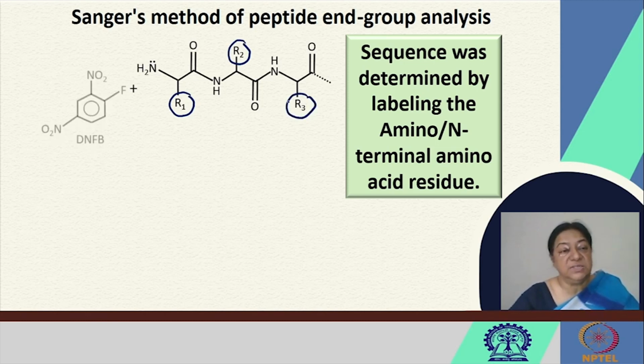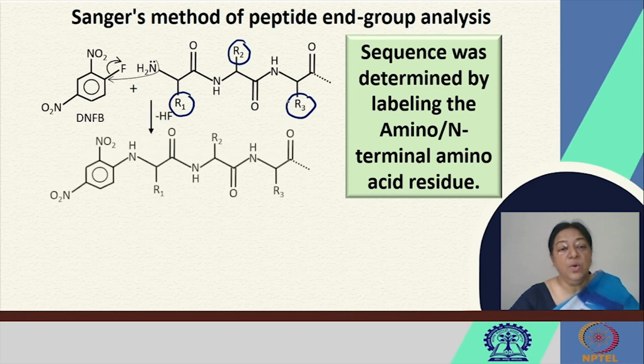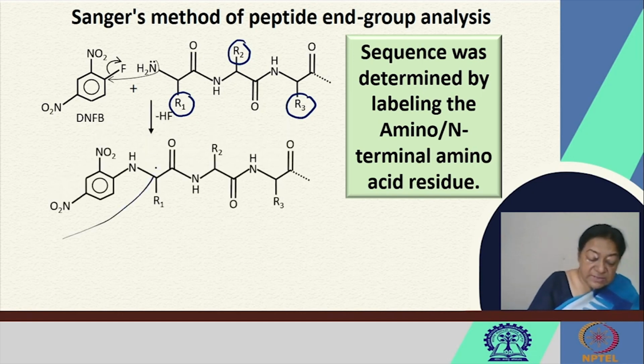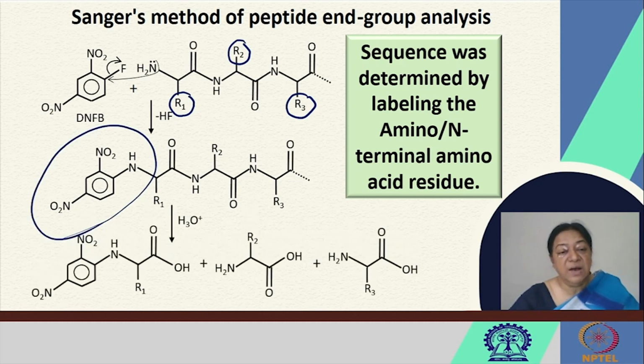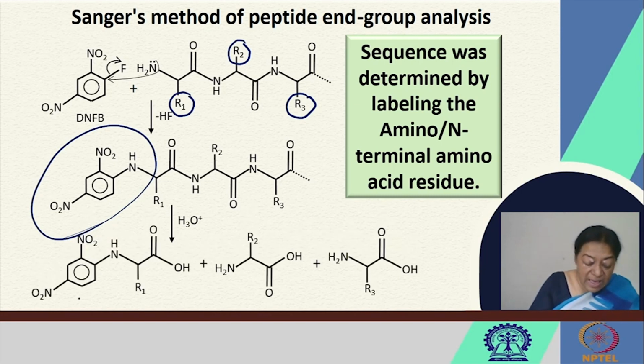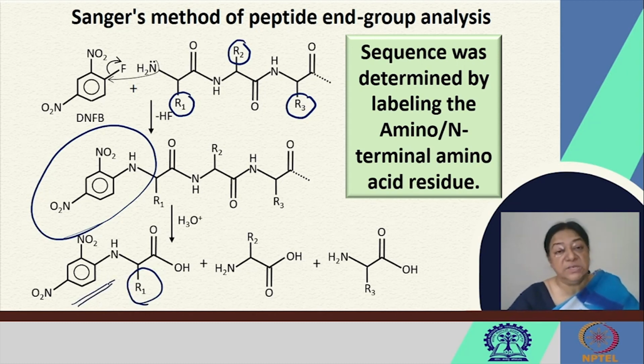The reagent in this case is DNFB, dinitrofluorobenzene, and we have a specific reaction going on here where we have this connected to our polypeptide chain now. This will then be hydrolyzed. After the hydrolysis, we will have a connection with the first amino acid residue with our derivative that can be monitored. And from this, we can determine what is R1.